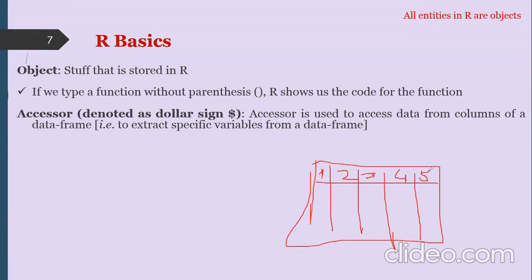If we want to get the data from a column, we will use this dollar sign. We will not call it dollar, we will call it the accessor, meaning to access this column.